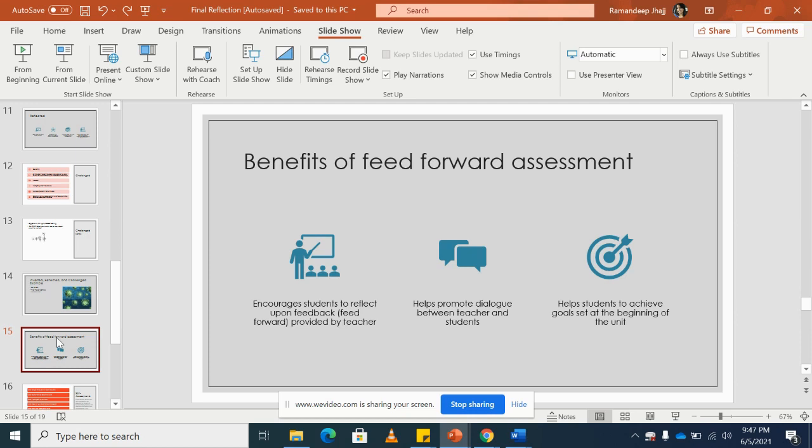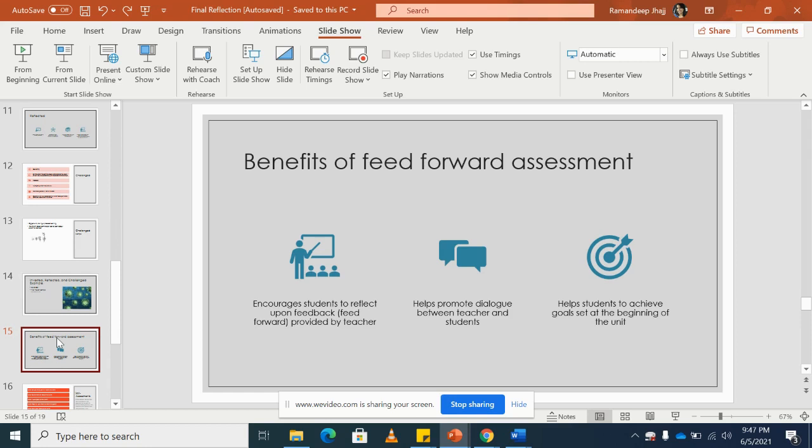There are many benefits of feed forward assessment. When students make portfolios, they will be given assessment. They can take feedback from their teachers and use it for their learning, which is basically a next step for their learning.